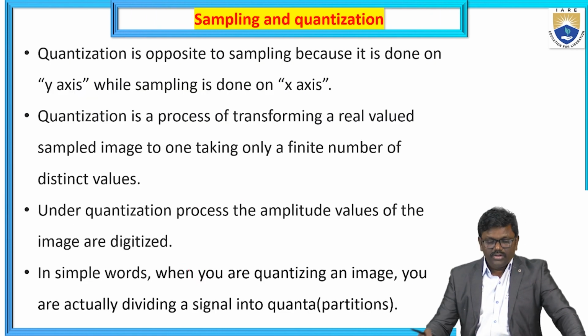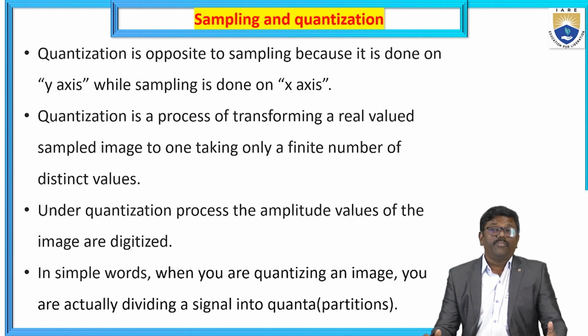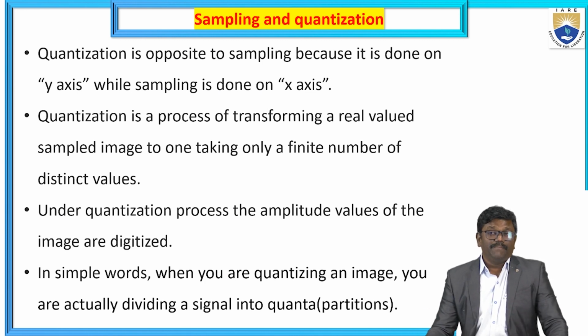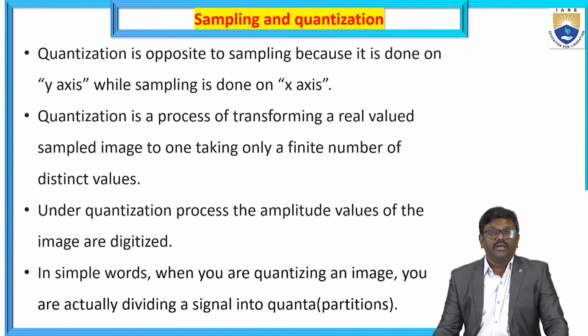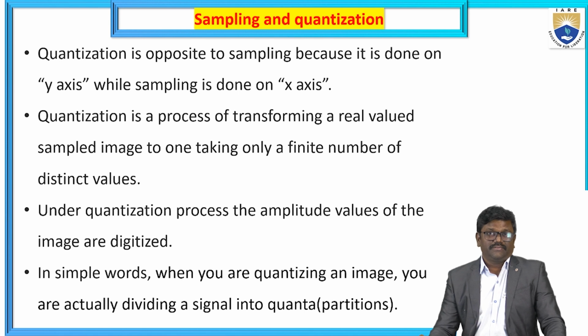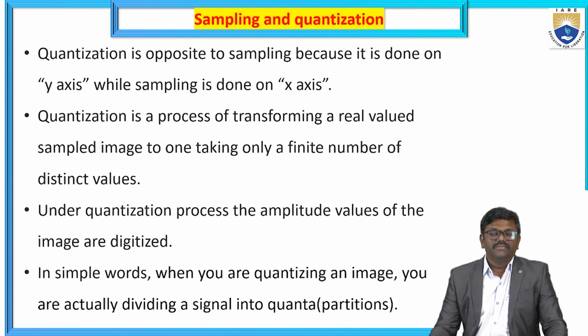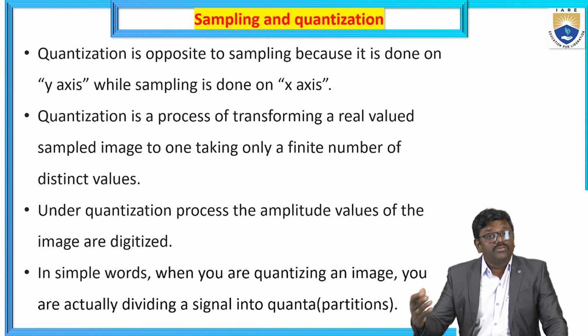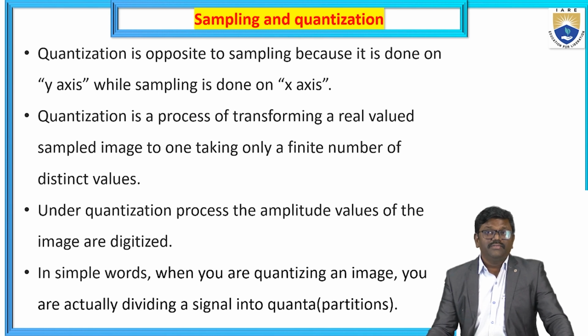Okay. So now what you want to understand is that quantization is the opposite of sampling, because it is done on the y-axis while sampling is done on the x-axis. I'll repeat once again. Quantization is the opposite of sampling because it is done on the y-axis while sampling is done on the x-axis.